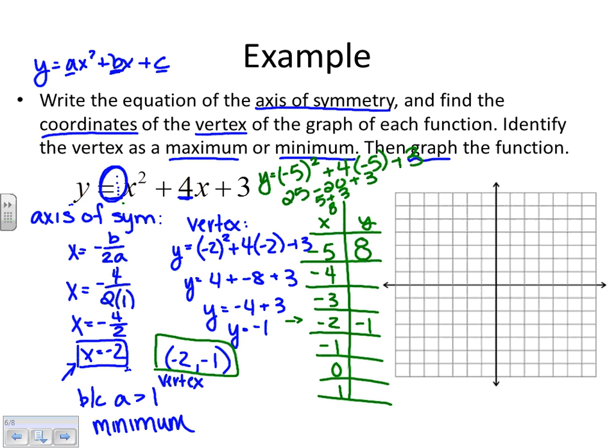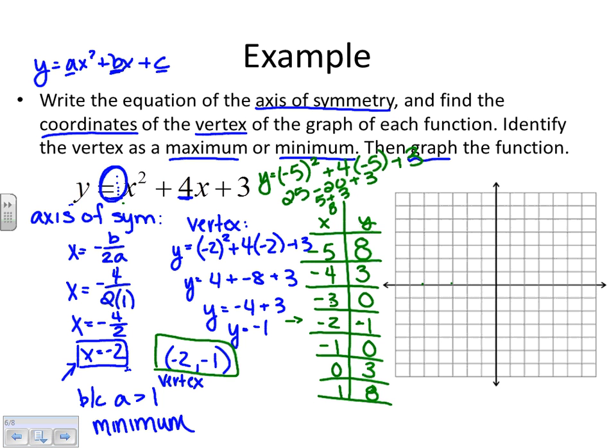And we're going to plug those in for every single x value. We're going to get our y value. And when we do that, we get this as 3, 0, -1, we already know, 0, 3, 8. Okay, once we get all those values, we're going to come over to our graph and plot them. So we have -5 is 1, 2, 3, 4, 5.